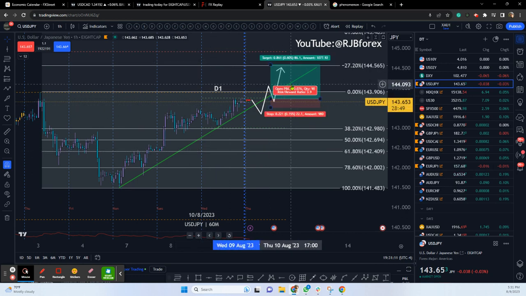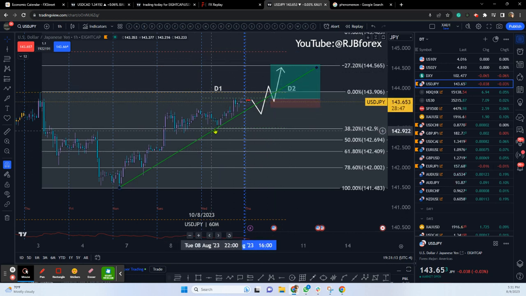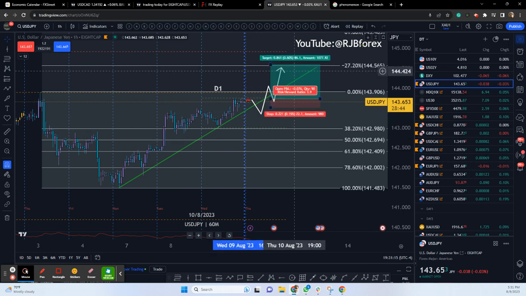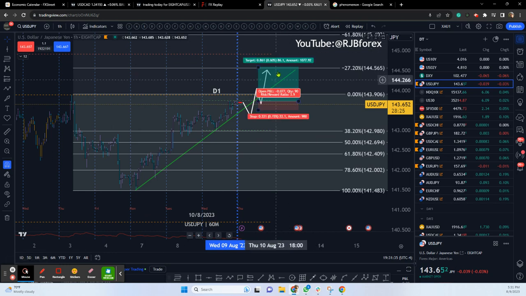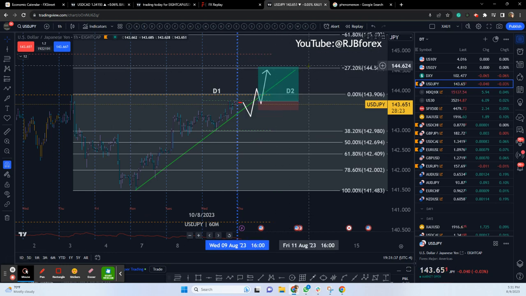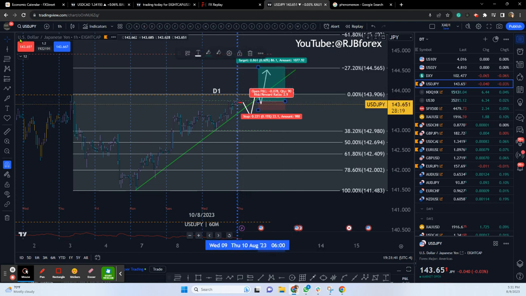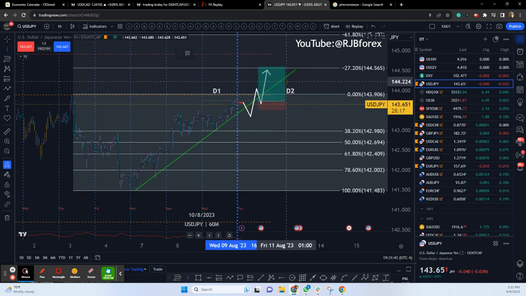So day 1, day 2, day 2 longs, day 1 longs, day 2 longs. And then Friday, because we've waited long enough, maybe Friday is going to give us a day 3 shorting opportunity.